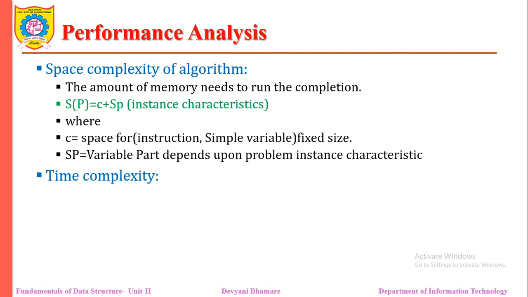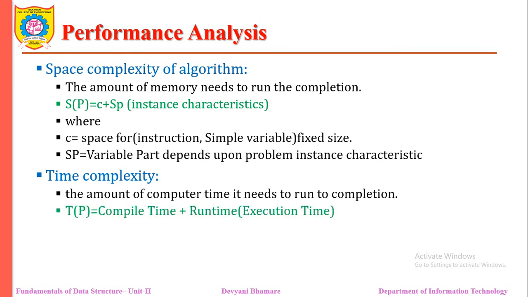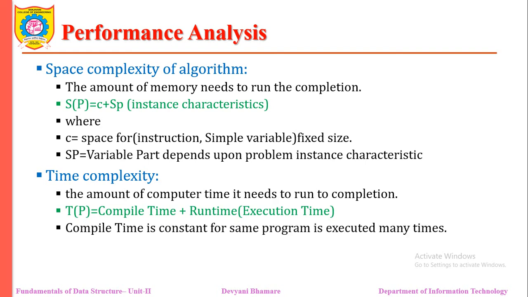If we think about the time complexity, it is nothing but the amount of computer time required to run or execute the program. So the time complexity of an algorithm is equal to compile time plus execution time. But the compile time is a constant for some programs, because it might happen that we run our program for different types of inputs, but we do not compile it again and again.